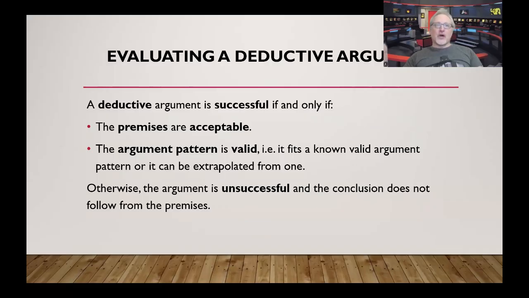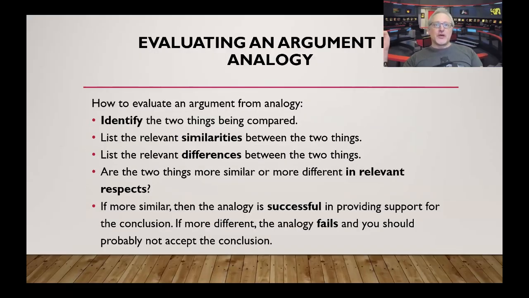And we evaluate an argument by analogy by determining whether the two things being compared are mostly similar or mostly different in ways that are relevant to the claim being made. And also determining whether the premises are acceptable. We always do that. There are, however, methods for evaluating an argument that don't depend on its form of inference that apply to pretty much all arguments, and I'm going to show you one of those now.